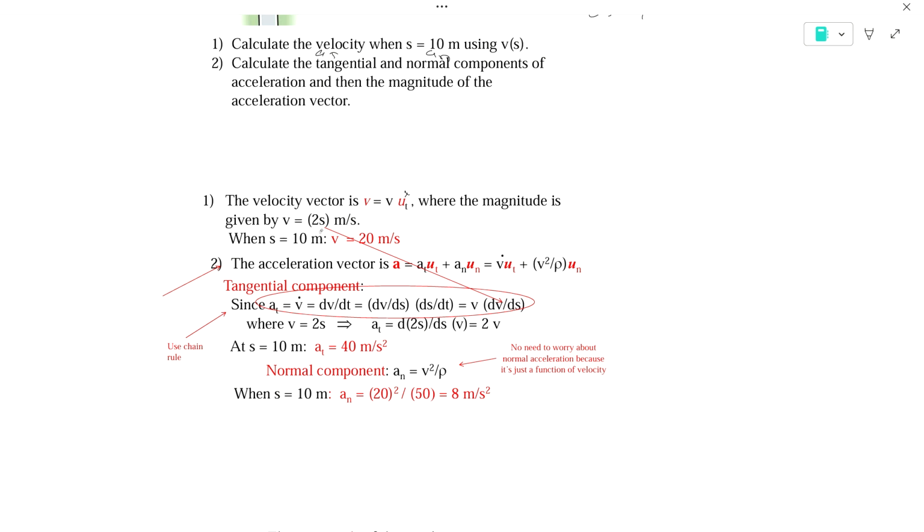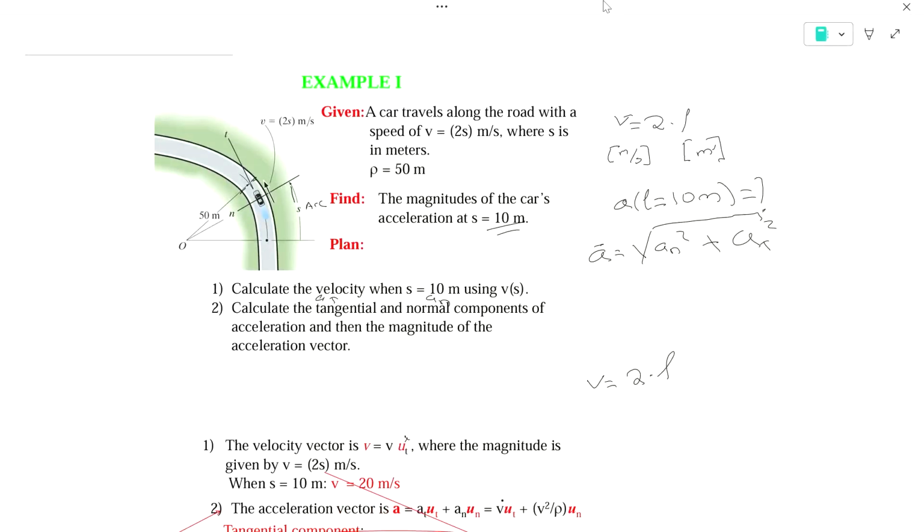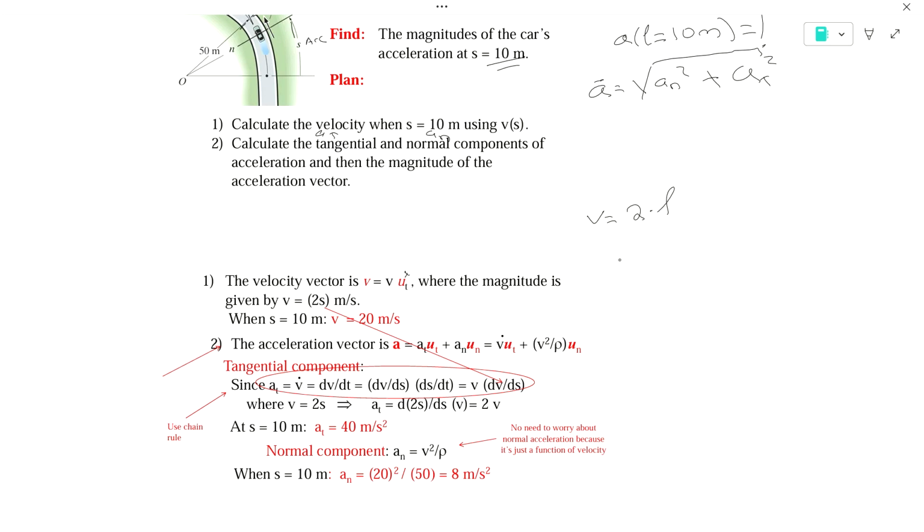Since the velocity is given by a function, v is equal to 2 times L, then when s equals 10, v when L equals 10 is equal to 2 times 10 equals 20 meters per second. All right, that's pretty easy.